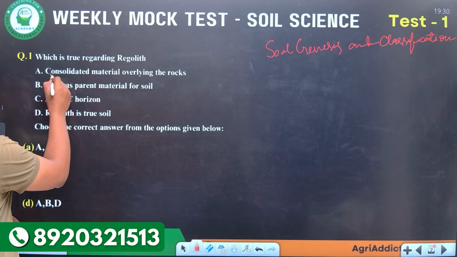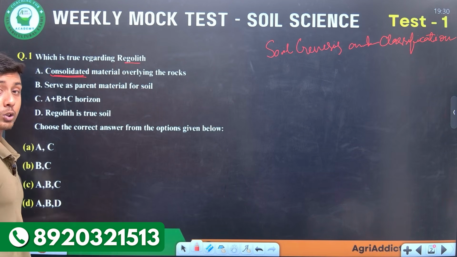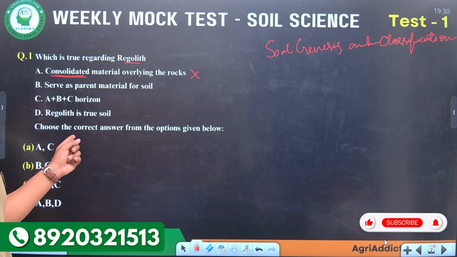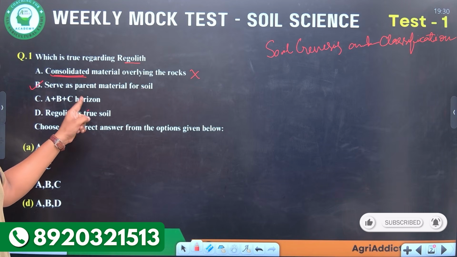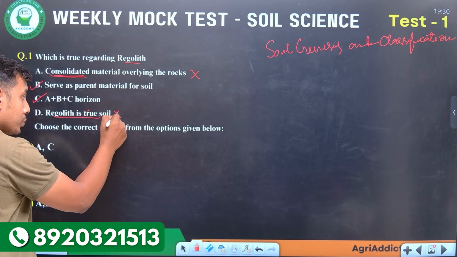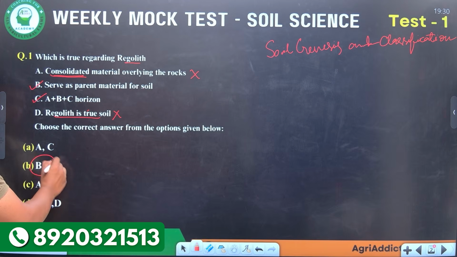This will not be the answer because regolith is unconsolidated rock, so this will be cancelled out. Serve as parent material for soil, that is okay. It is A plus B plus C horizon, that is also okay. But regolith isn't a true soil, so the answer will be B and C.